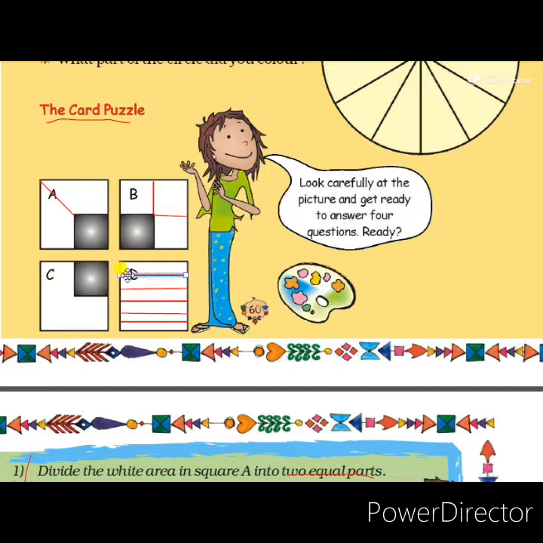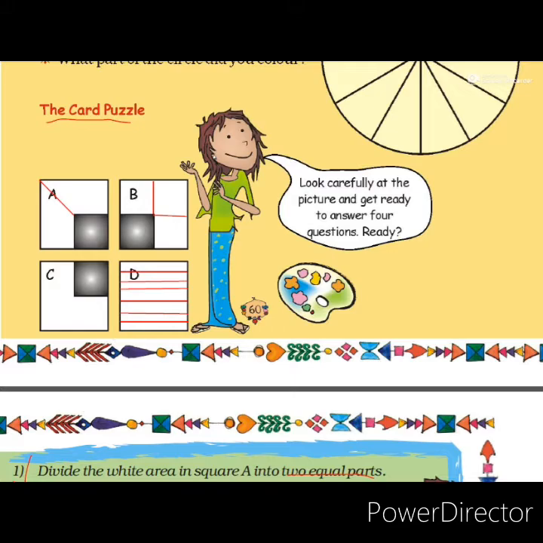See, in this way, drawing 6 horizontal lines, we can divide that square into 7 equal parts. See, this way we have divided the last square D into 7 equal parts. This is the last question about this topic.